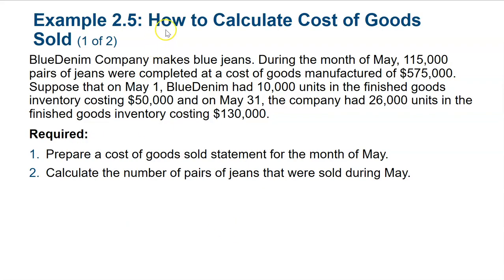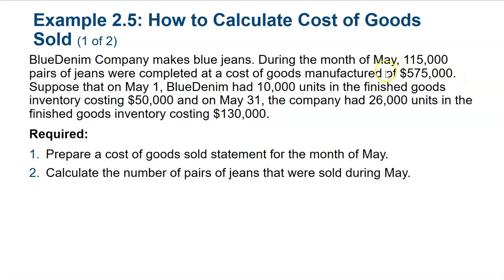So example 2.5, how to calculate cost of goods sold. We're back to our Blue Denim Company example. It says that during the month of May, 115,000 pairs of jeans were completed at a cost of goods manufactured of $575,000. We already did this math. If you don't believe me, you can go back and look at your slides if you're in one of my classes, or look at the previous video if you're not.